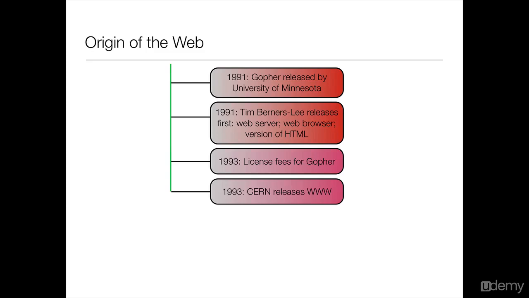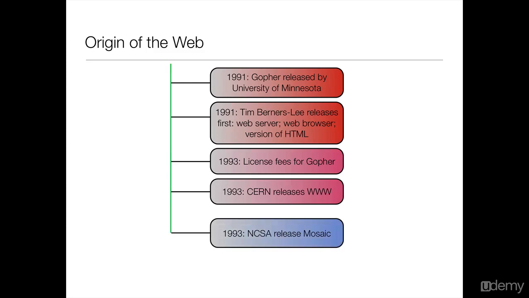And that in itself was a key milestone and reflective of how the web has developed since that time: certain technology gets released into the public domain at no cost for usage. And on top of that, monetization is done through usage of that, not through development of the core technology. So as a result of that, it was the World Wide Web that took off and started to pervade the world.